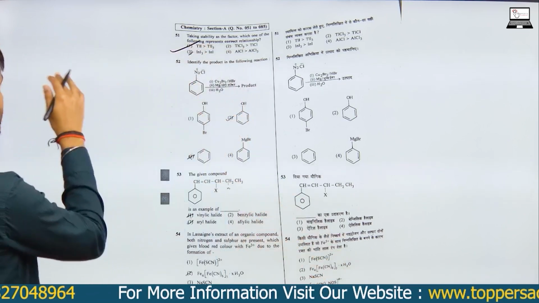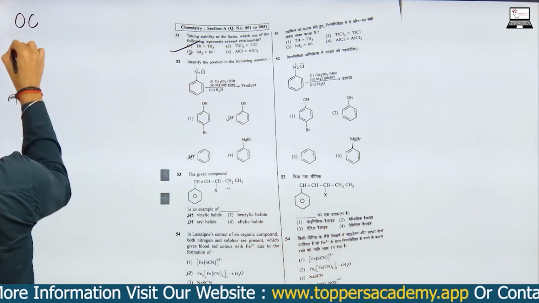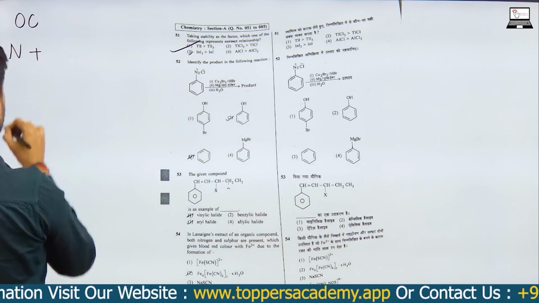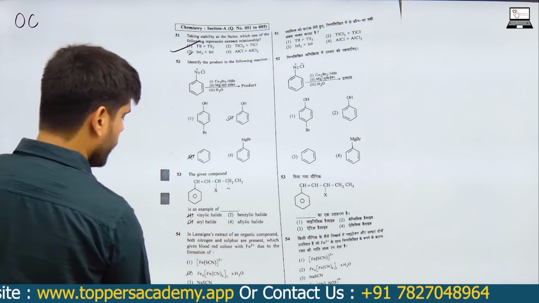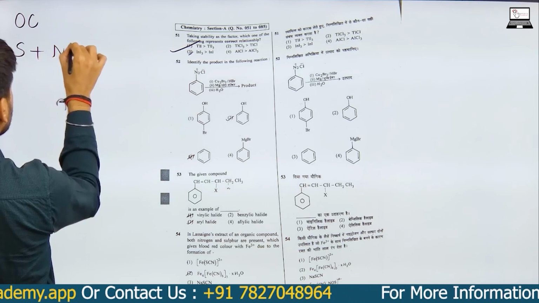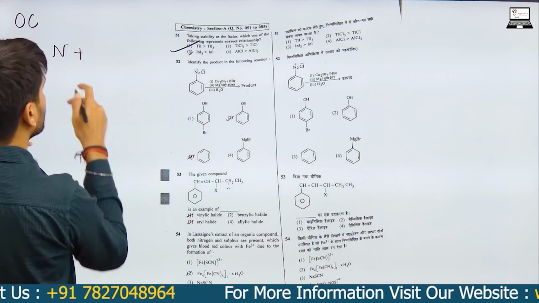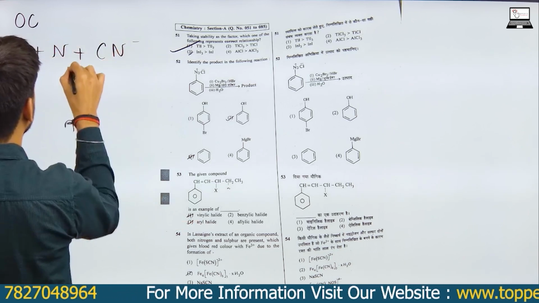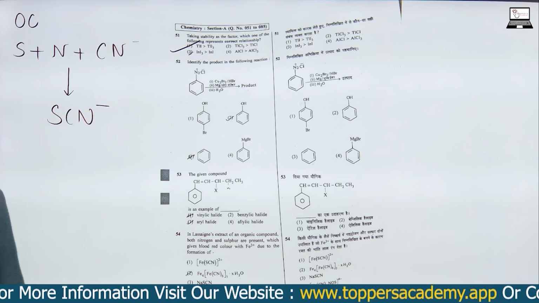But in an organic compound which contains both nitrogen and sulfur, what happens? We prepare the sodium fusion extract, and we get SCN minus, right? This is my sodium fusion extract.